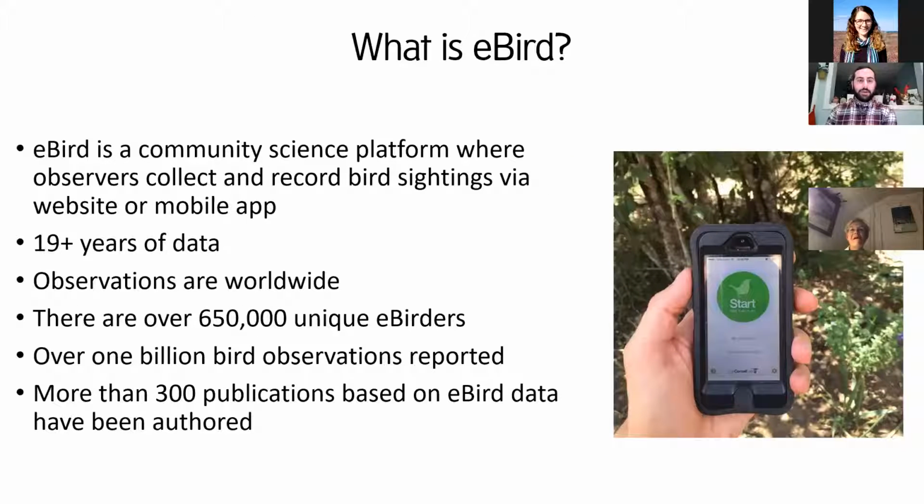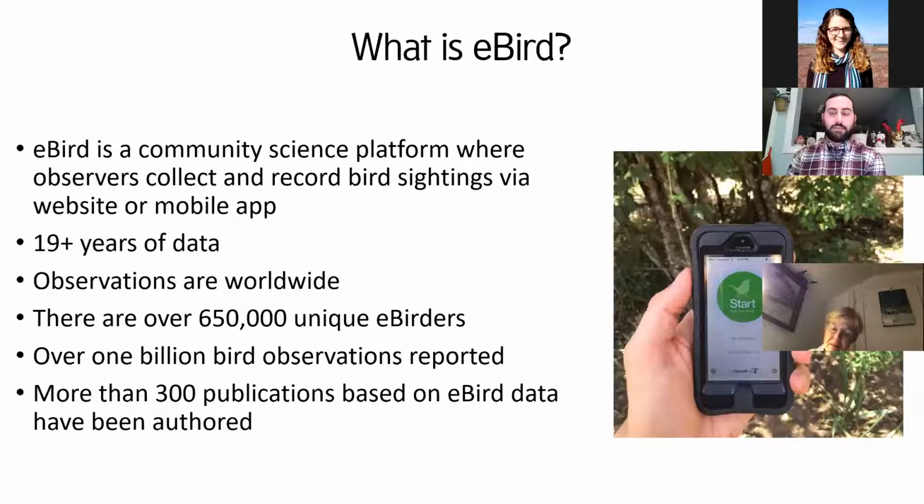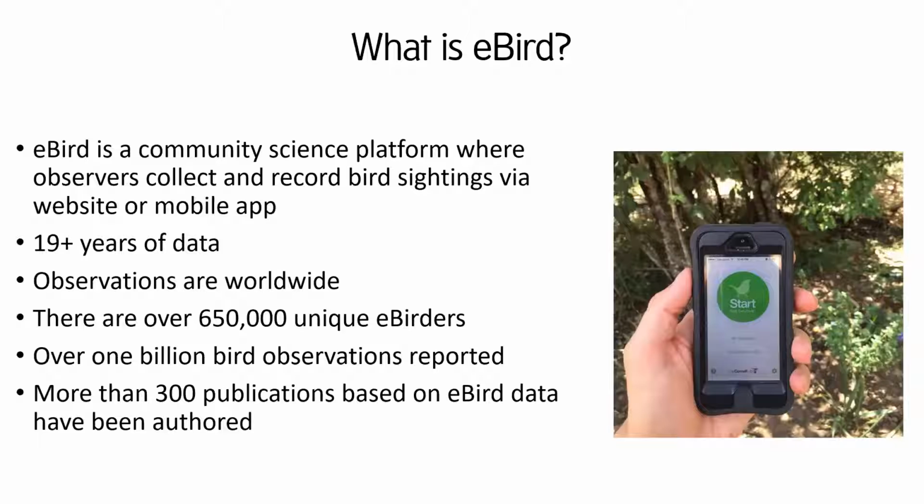So what is eBird? eBird is one of these platforms. It's talked about as being one of the oldest and most successful platforms. It's definitely at least one of the oldest in the modern age, in the digital age. It started in 2002, so there's over 19 years of data so far. Data is submitted and recorded worldwide.